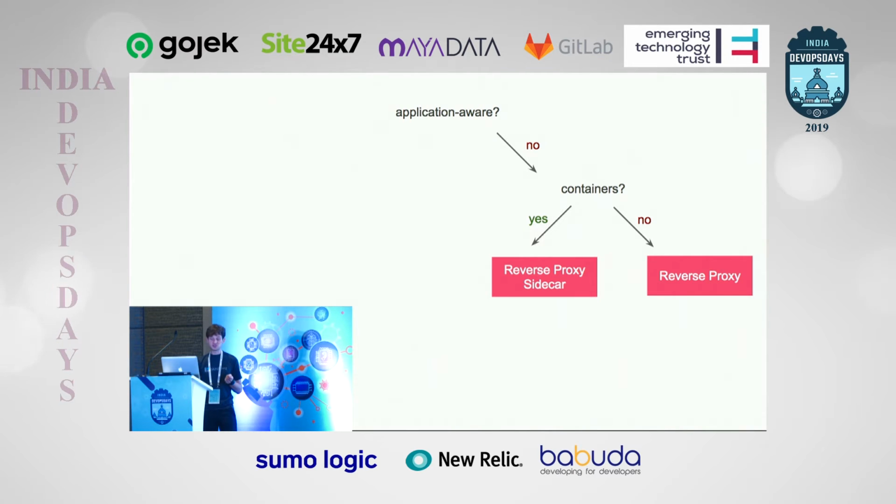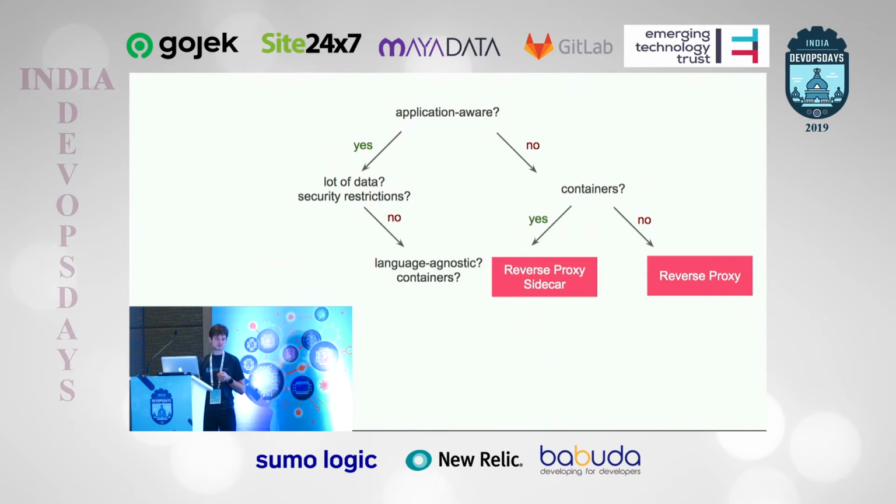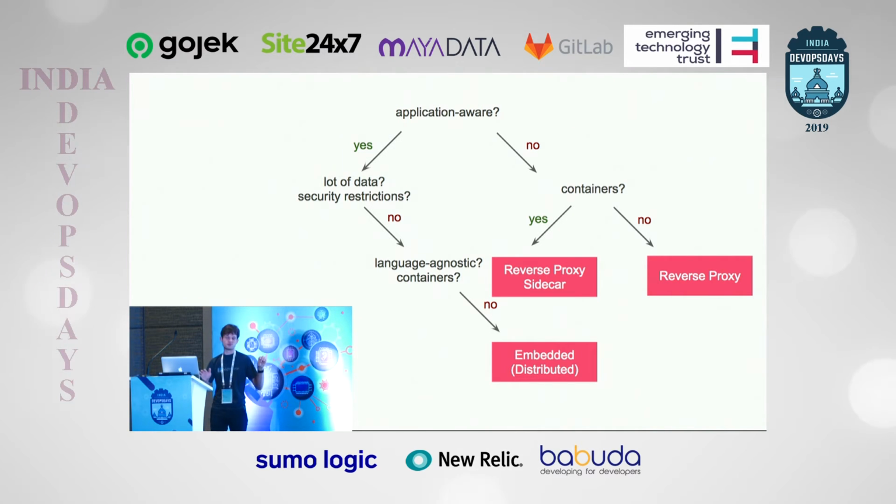If your application needs to be aware of caching, then another question is: do I have a lot of data or some security restrictions? If no, then does it need to be language agnostic or is it based on containers? If no, just use a simple, well-known embedded distributed cache. A lot of people use it, and it's actually good, especially for small projects and for just caching.